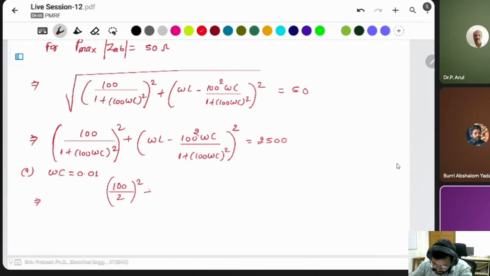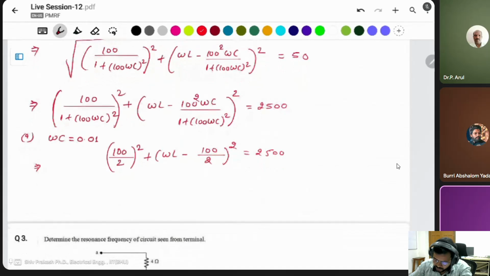Then plus omega L minus, with omega c 0.01, this will be 0.01 into 100, which is 1, into 100 is 100, divided by 1 plus 1 which is 2, square, is equal to 2500. This will be 50. 50 square is 2500, plus omega L minus 50, whole square.